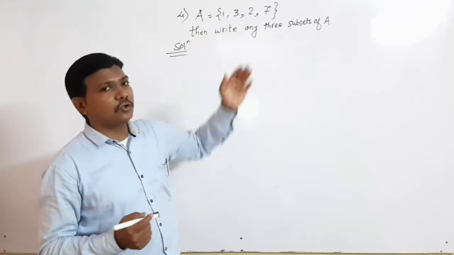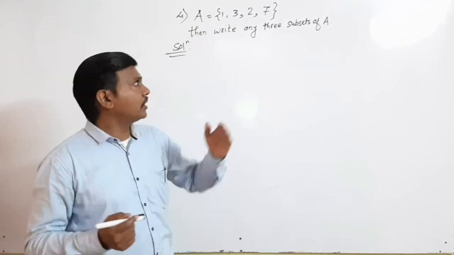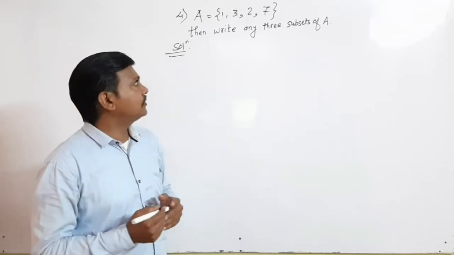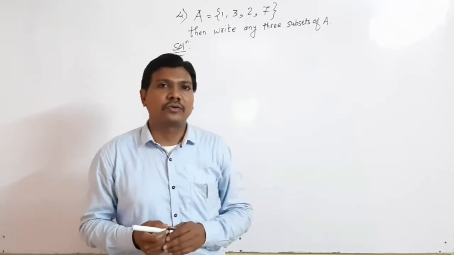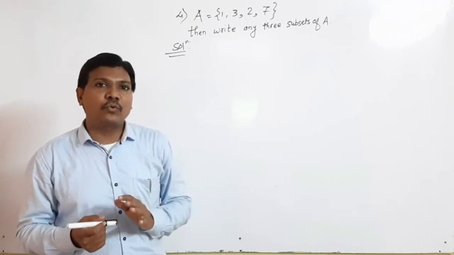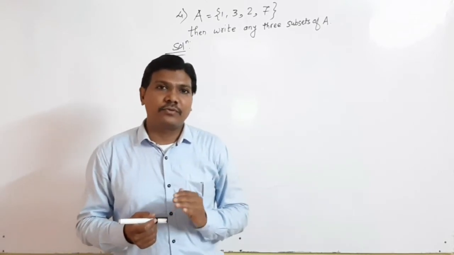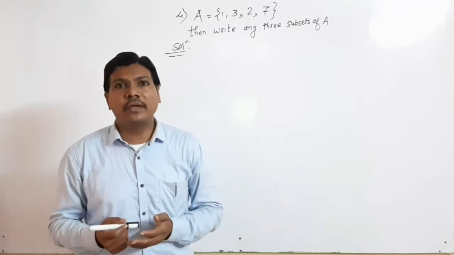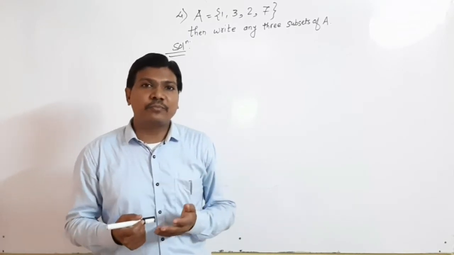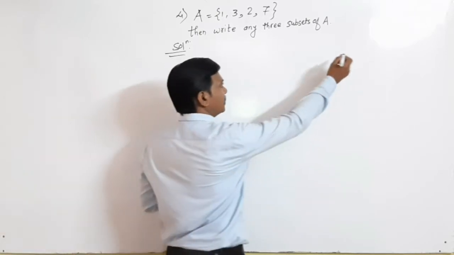A is the set {1, 3, 2, 7}. And the question is to write any 3 subsets of set A. So student, here you remember one rule. If n is the number of elements in any set, then the number of subsets is 2 raised to n.